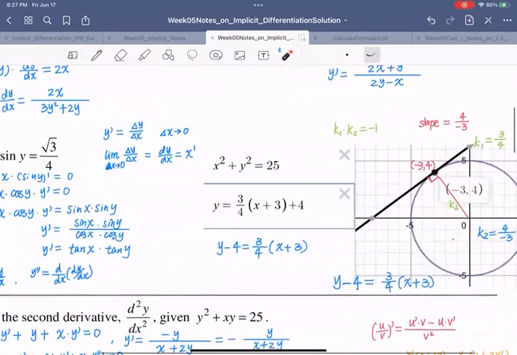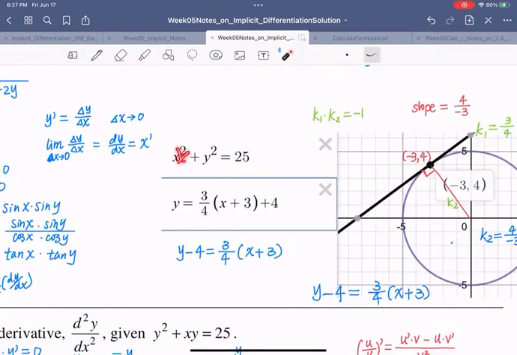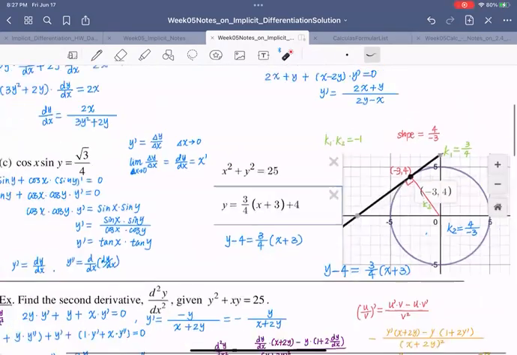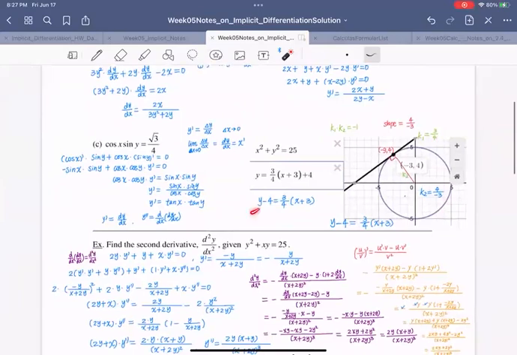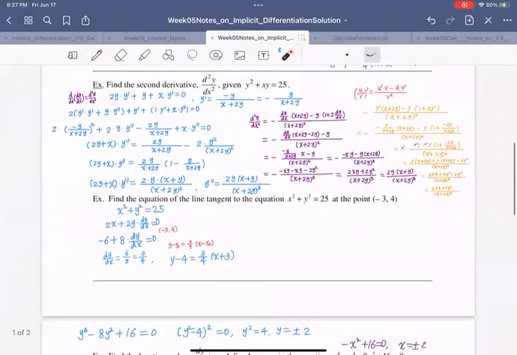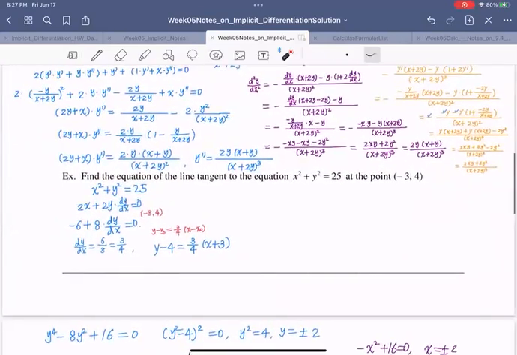Next one. You have x squared plus y squared equals 25. Let me talk about this one. The question is over here. They ask you to find the tangent line to this equation at the given point.